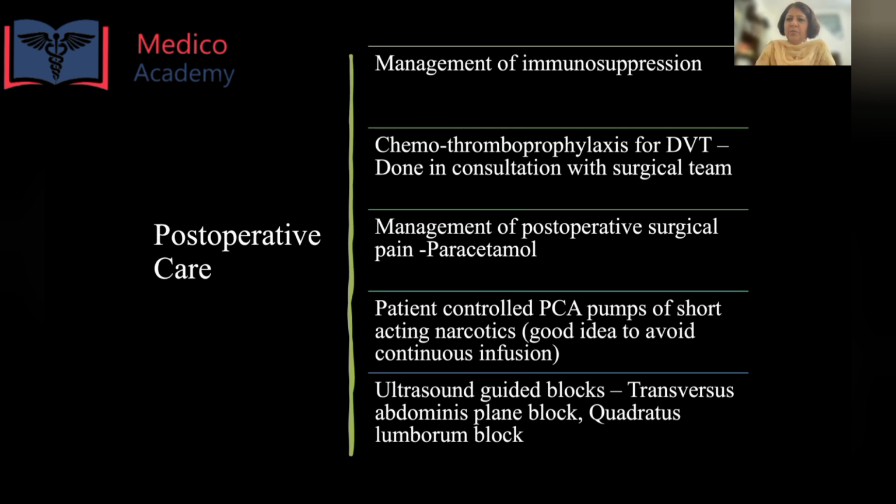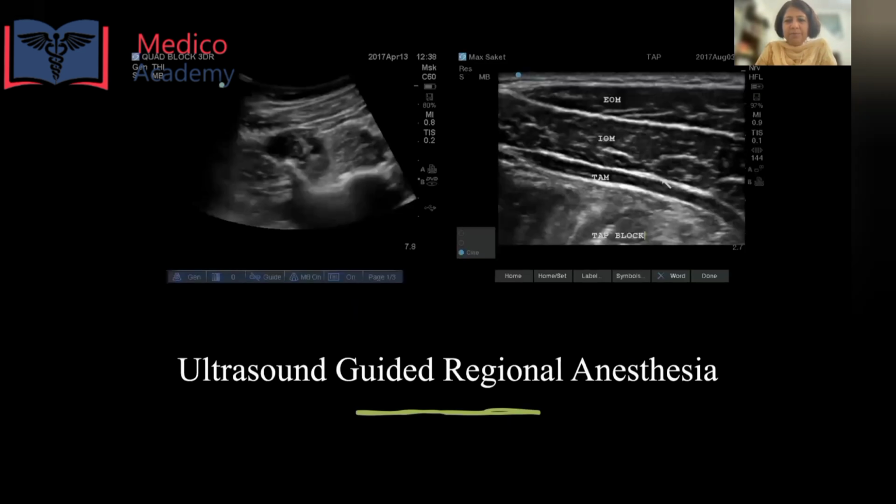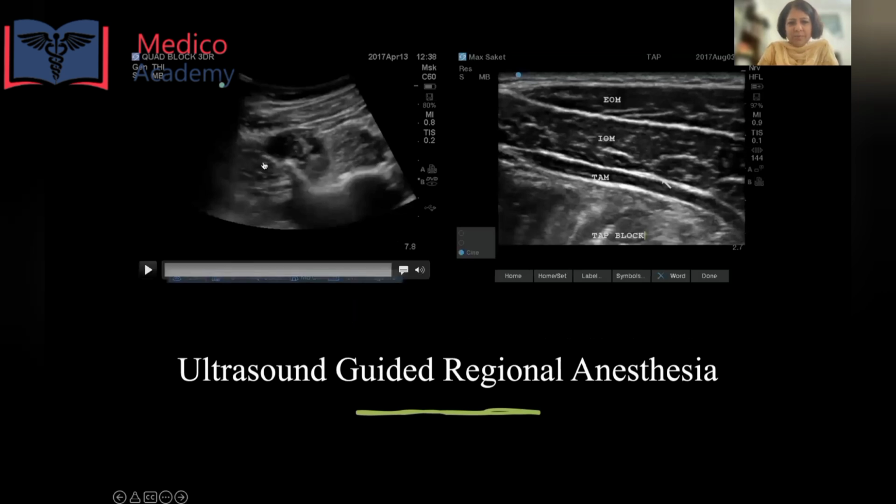When we combine it with ultrasound-guided blocks, we find that the consumption of fentanyl is absolutely minuscule in the first 24 hours. The ultrasound-guided blocks which we use are the transversus abdominis plane block and the quadratus lumborum block. This is a video of the sonar anatomy of quadratus lumborum.